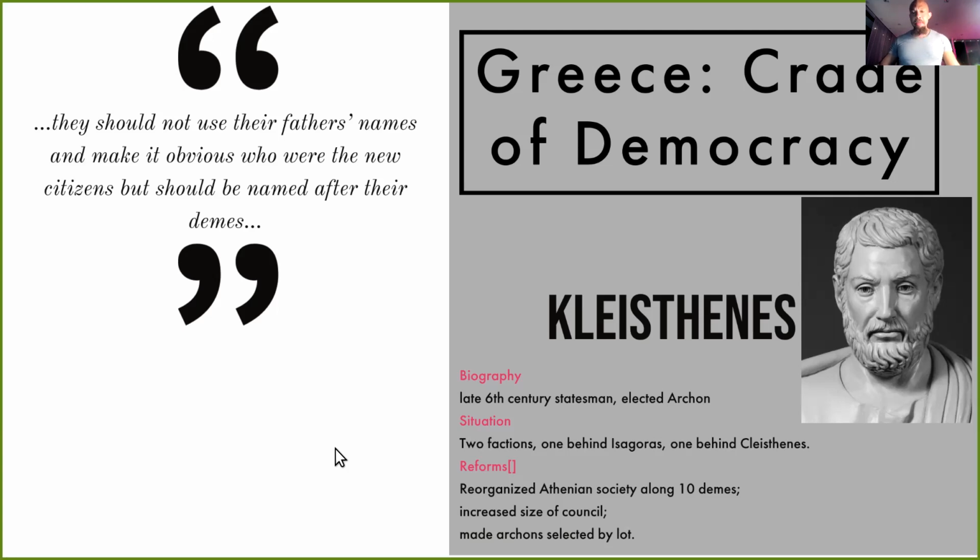In this case, again, there were two factions of the aristocracy, one who backed Isagoras, his great opponent, and another backed Kleisthenes himself. Kleisthenes was on the losing side, and Isagoras, in fact, was consolidating the aristocracy behind himself.